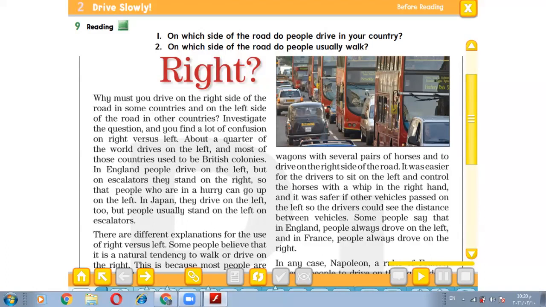In Japan, they drive on the left too, but people usually stand on the left on escalators.